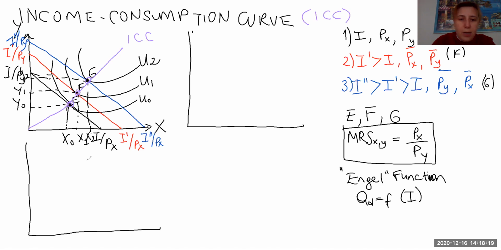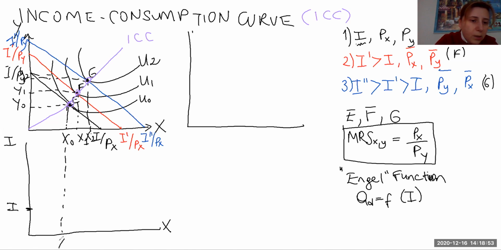So for good, let's start with good x here. Let's put the amount of x on the horizontal axis and the income of the consumer on the vertical axis. At the beginning, we assumed that the income of the consumer was I. Let's suppose that the initial income is located here. And with this income level, while the utility of the consumer is maximized, he was consuming x0 amount of good x.